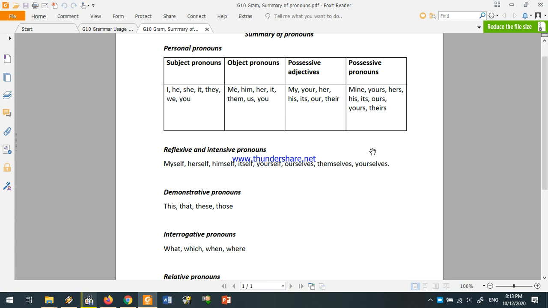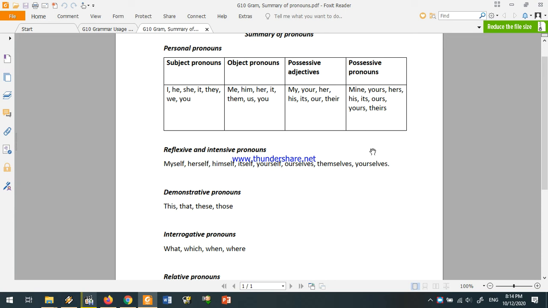When the subject and object are the same person, we use a reflexive pronoun. For example, if I look in the mirror and see myself, I say I saw myself. Here, the subject and the object are the same person, who is me, Muhammad.